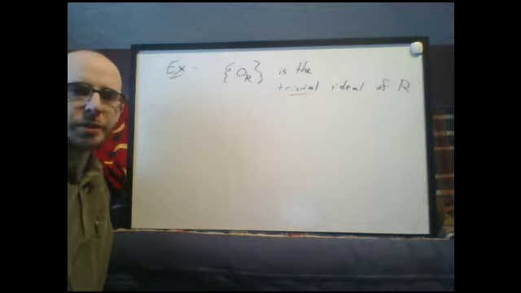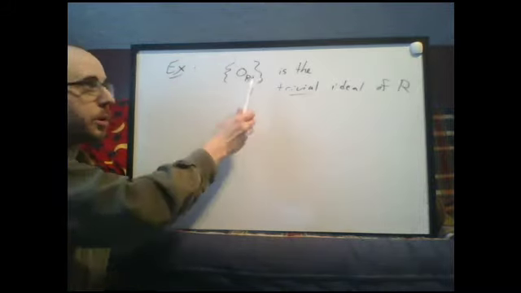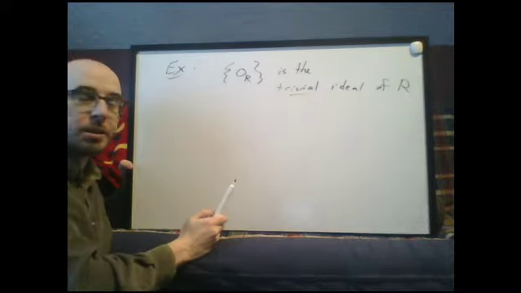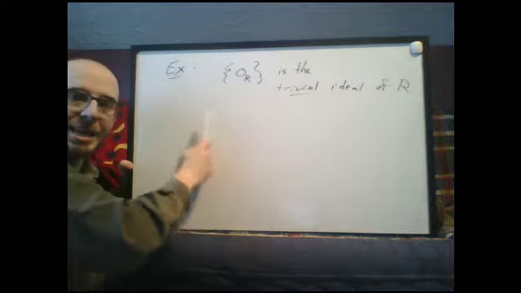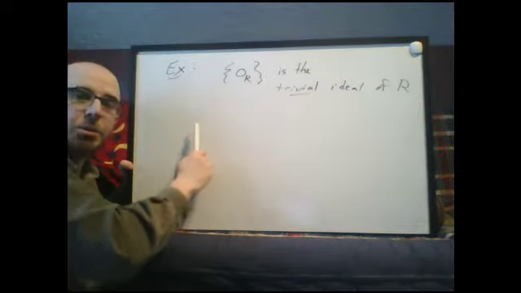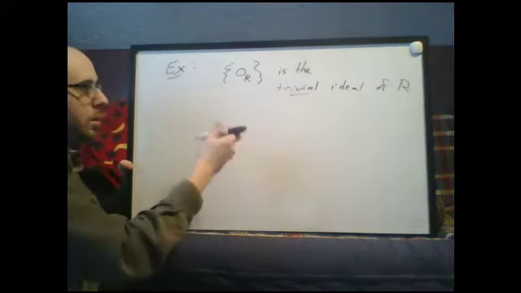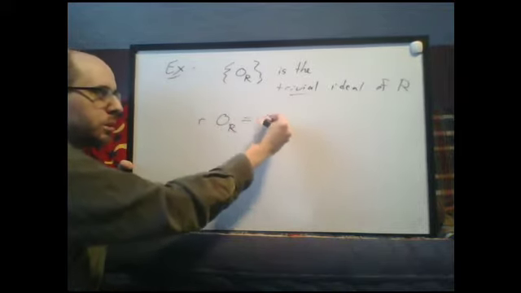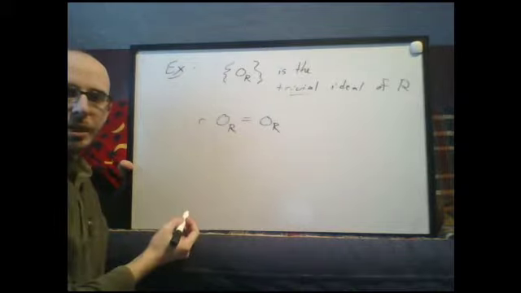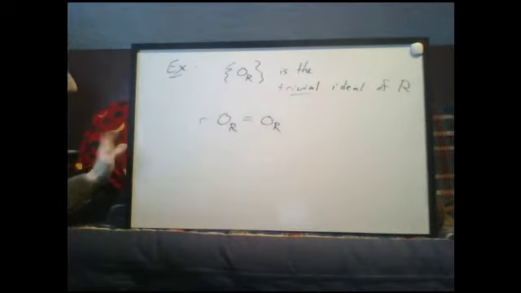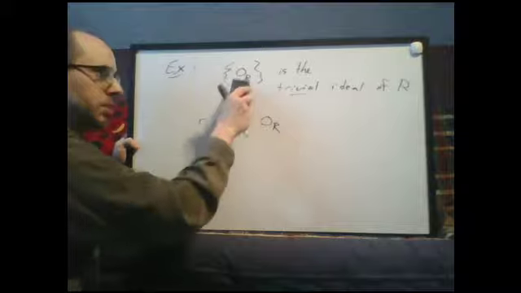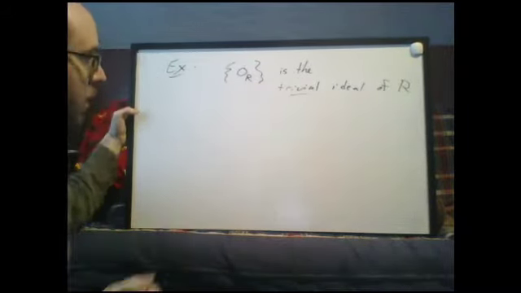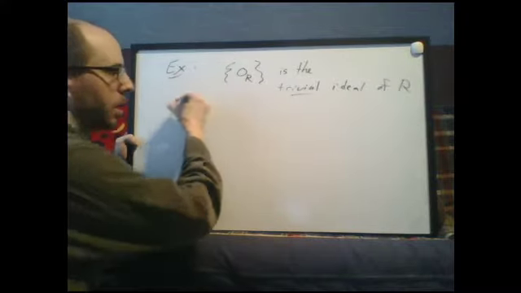That's called the trivial ideal. It's closed under subtraction because 0 minus 0 is 0. It's closed under multiplication because if I take 0 and anything else that's not in this set, multiplying by 0 gives me 0. So for any little r, r times 0 equals 0. That is an element of this set. So multiplying by that, you land back in the same set. Okay, so that's one example.